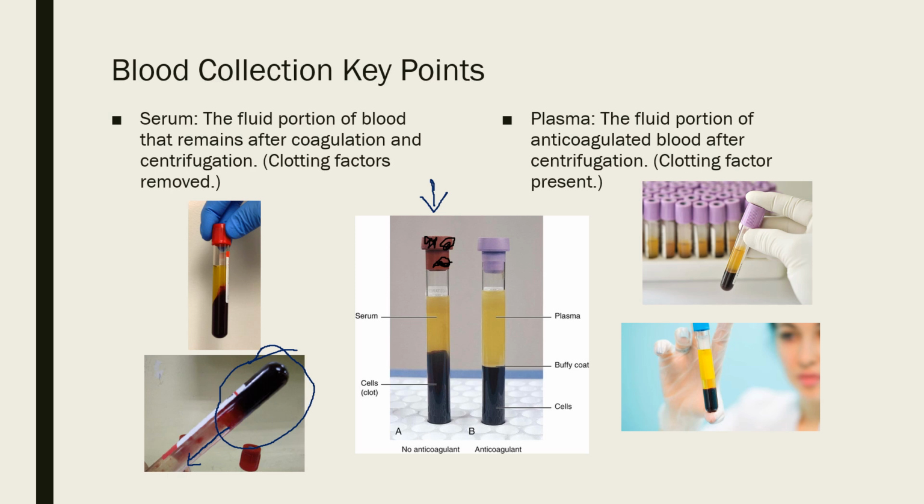Whereas with your plasma, there's something in it that prevents that clotting from happening, so therefore there's no clot in that tube. So when you spin it down, your clotting factors will actually remain in that clear liquid portion. All of this portion right here still has those clotting factors. So that's where you need to know the difference between serum and plasma. Plasma has clotting factors, serum does not.